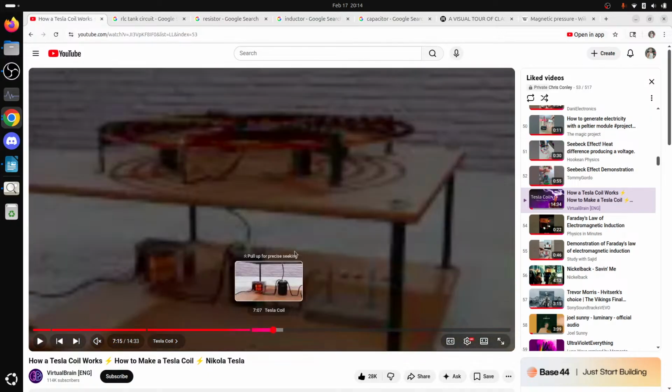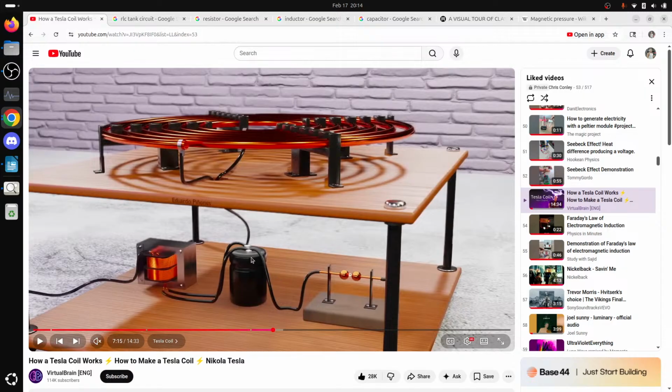So this tank circuit is these components right here. A capacitor, a resistor. The resistance is air. The dielectric breakdown of air is the resistor. And then the inductor is this thing right here. It's an electromagnet. It makes a magnetic field.